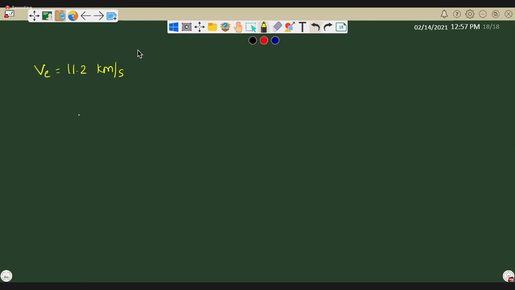If a body is projected with a velocity twice of escape velocity, then the velocity of the body at infinity is... Is it under root 3 VE? Correct.